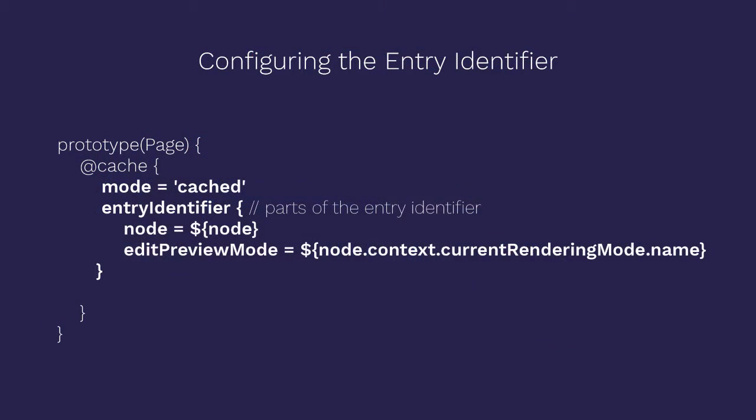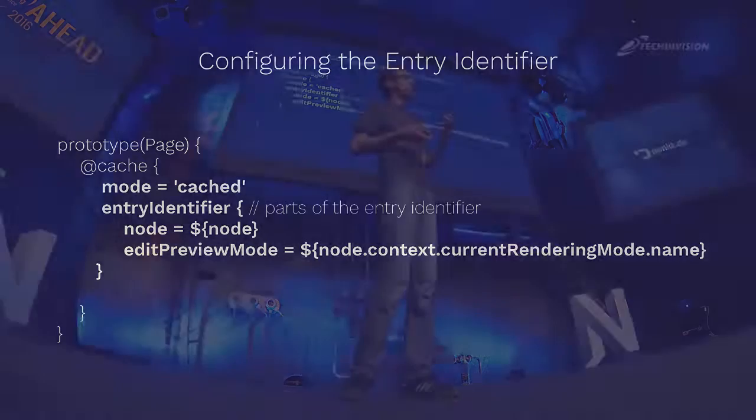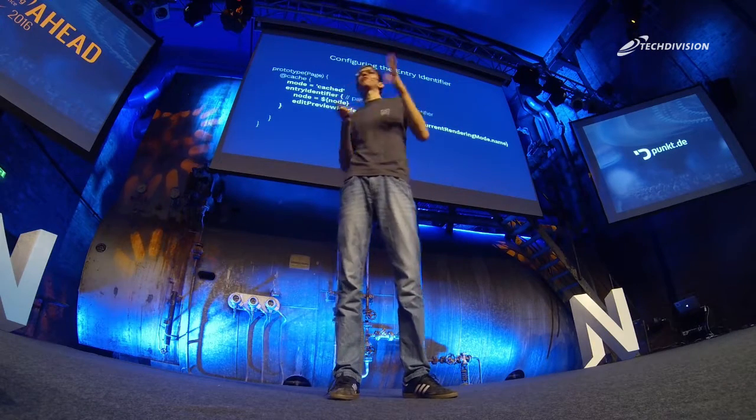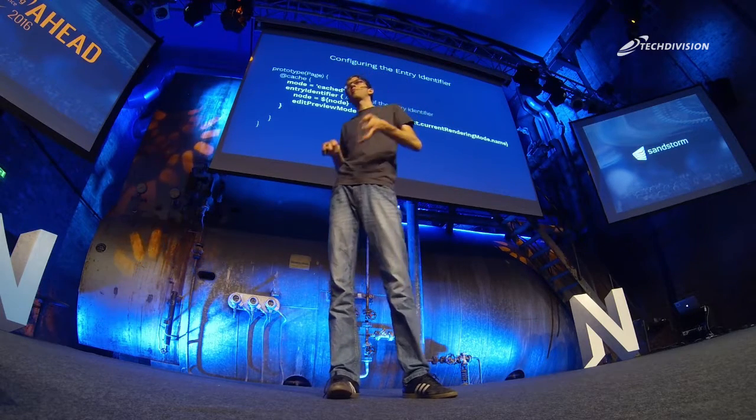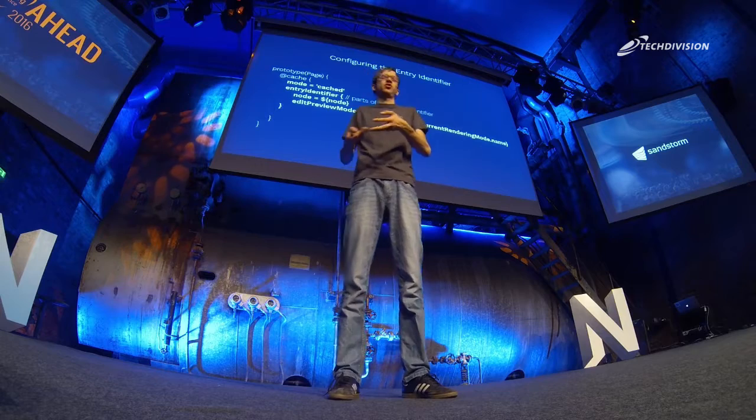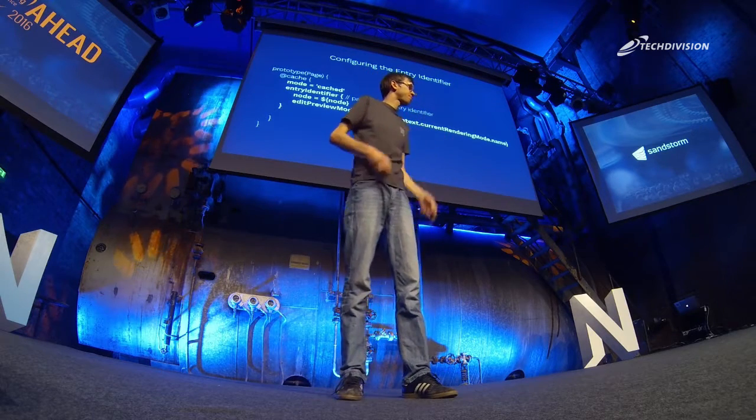And then you could also say it depends on the current preview mode. And the current edited preview mode in Neos is not part of the URL. This is just part of some setting available. So you could say, I want to make the current cookie or the current user's location part of the cache entry identifier, and this way control in a very fine-grained manner what is cached and what not.